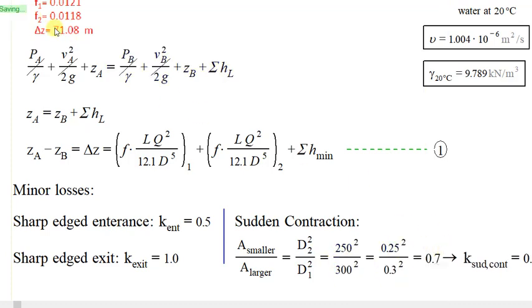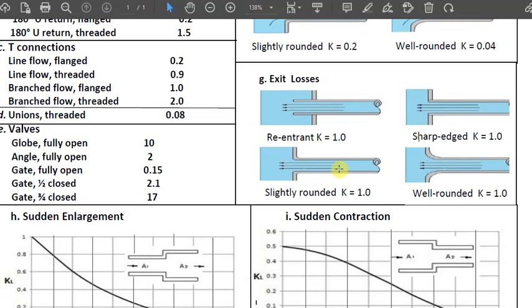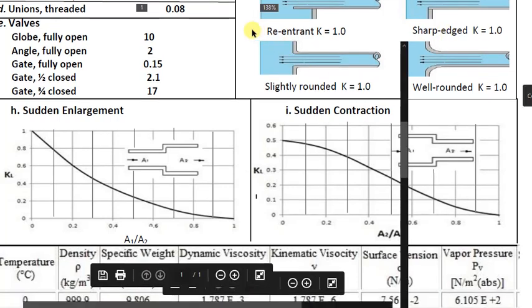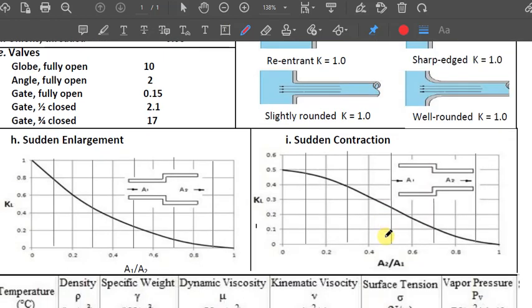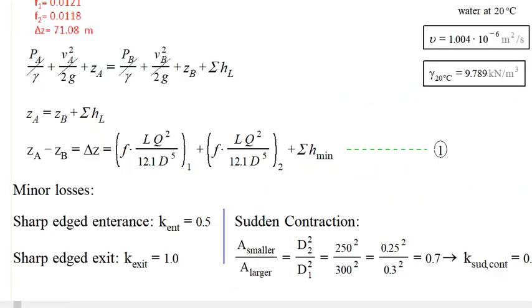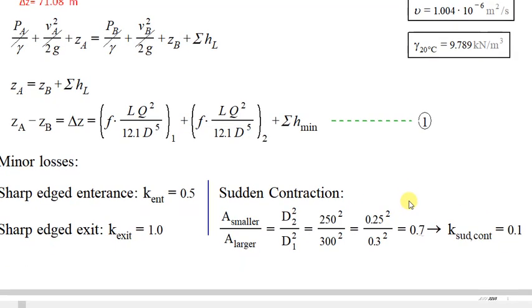Okay then. And so 0.7, I go there for sudden contraction, it's on the right, and I check for 0.7. Here is 0.7 because this is 6 and that is 8, so this is 0.7, and after we read it, it's here 0.1. Okay, so 0.1, that is the sudden contraction.